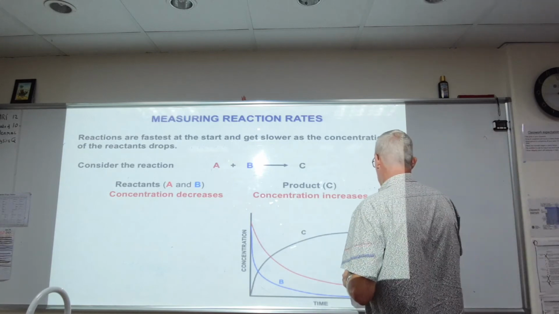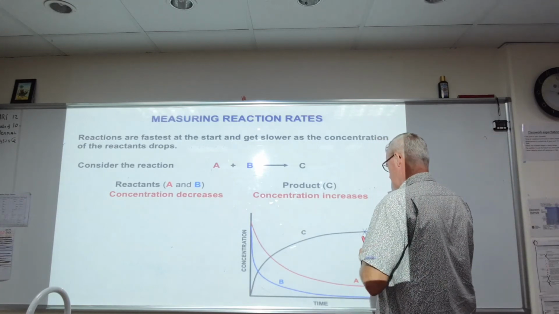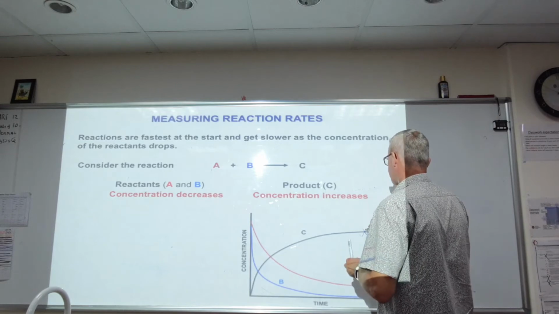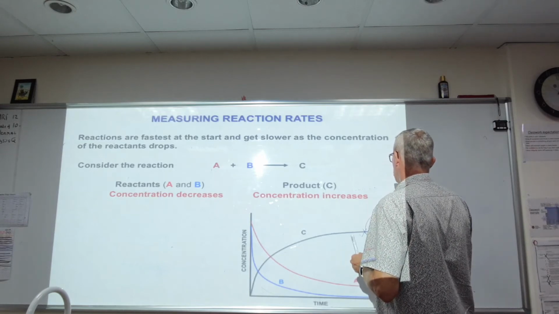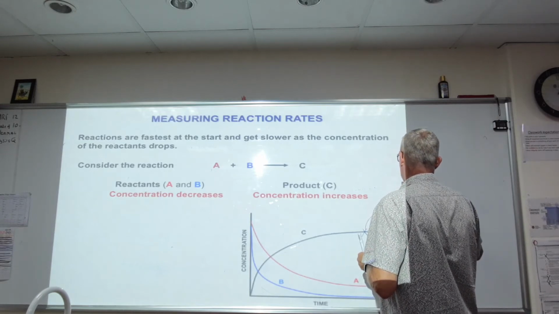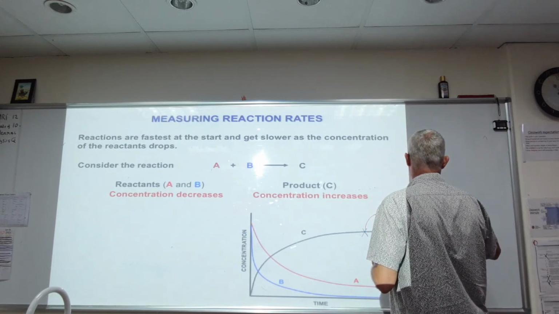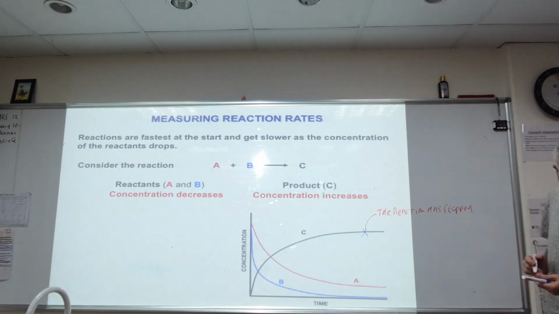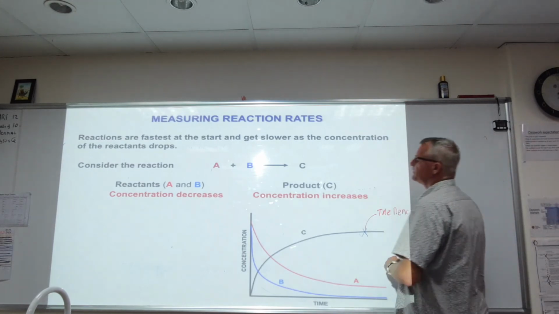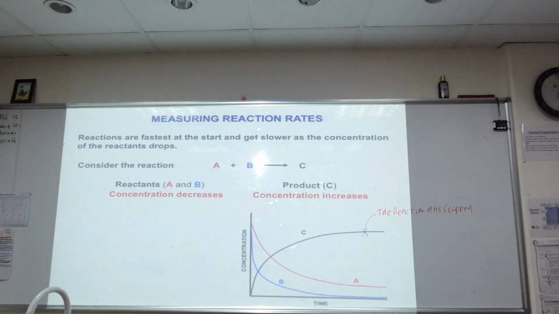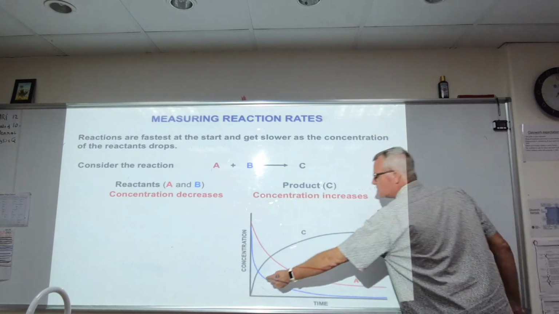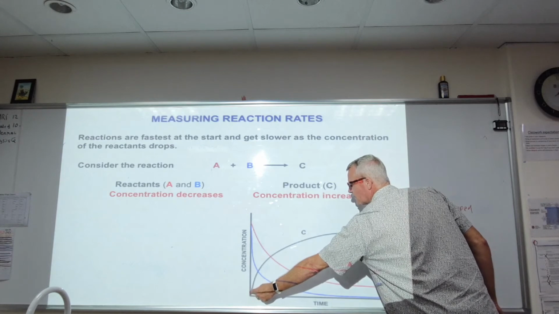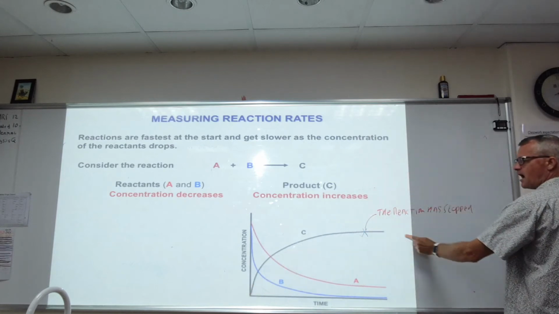Can we say at this point simply the reaction has stopped? This is a very common question in the IGCSE chemistry. How can you see from the curve that the reaction has stopped? Simply because the curve of the product has flattened out.